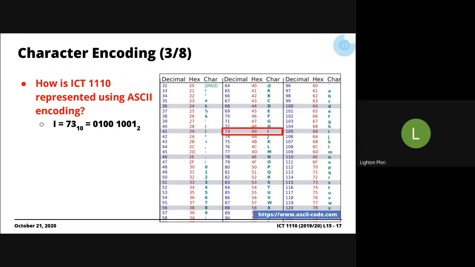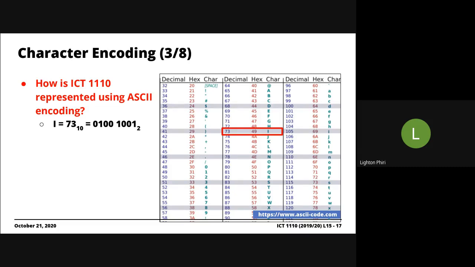So you notice that we go to our ASCII table, and I is represented by the decimal number 73 or the hexadecimal number 49, right? And so all you have to do here is take your pick, choose your poison: either convert 49 base 16 to binary, or convert 73 base 10 to binary.